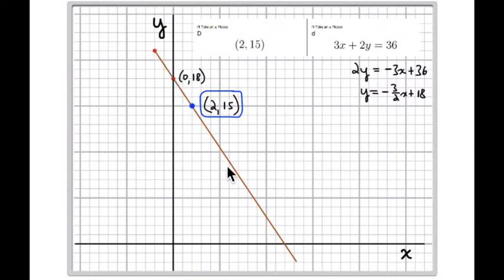So with those 3 points, you can draw the line, draw the graph, and it has to go through 12, 0, because this is the x-intercept down here. When y is 0, you're left with 3x equals 36, and 36 divided by 3 is 12. So when y is 0, x is 12. 12, 0, this point right here. So it all makes sense.